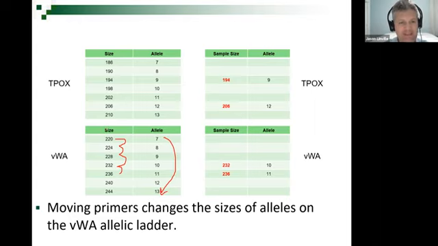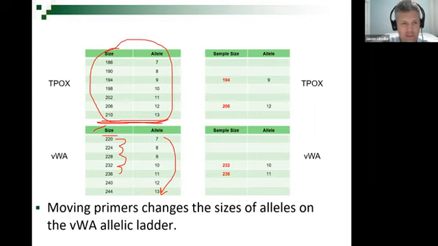Okay, but because of where we put those primers, when we designed them and ordered the primers, we have created where all of the alleles for TPOX are going to come out first, and the biggest allele for TPOX will come out at 210, but the VWA alleles won't start coming out until 220. Okay, so they're not going to come out until later.